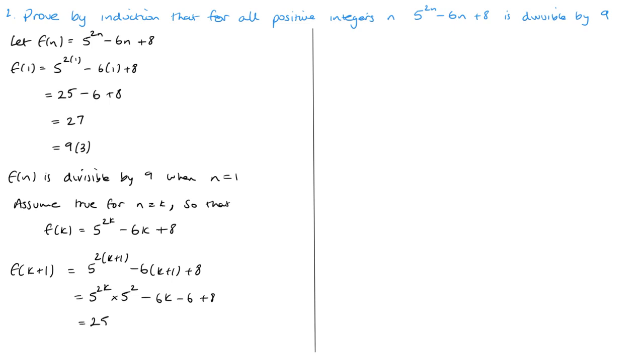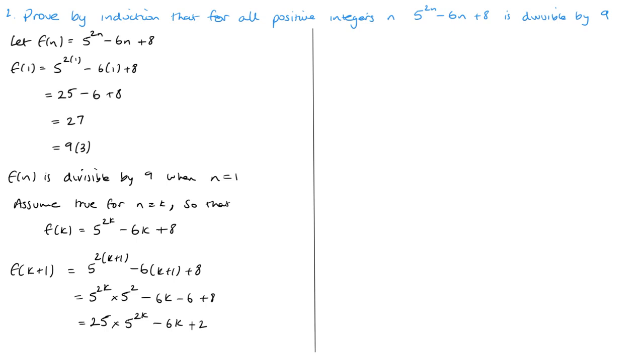So that's 25 times 5 to the 2k minus 6k minus 2. Sorry, it's plus 2, isn't it? Minus 6 plus 8 is plus 2.